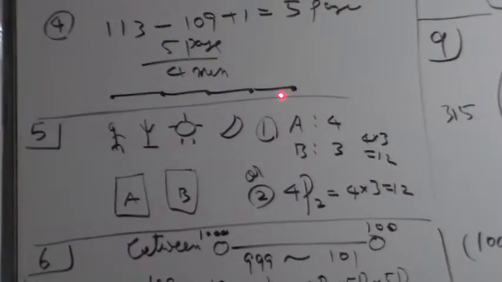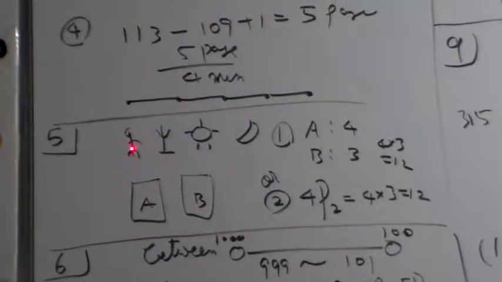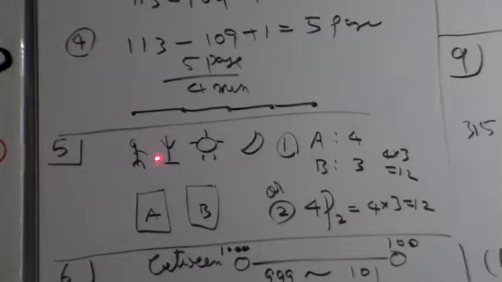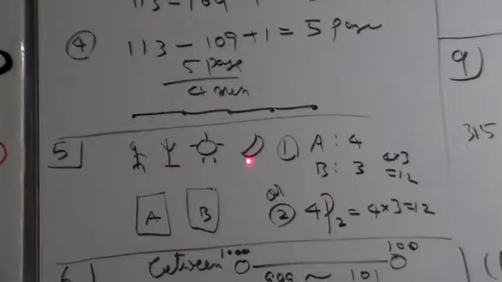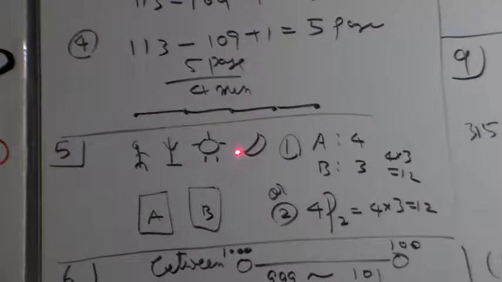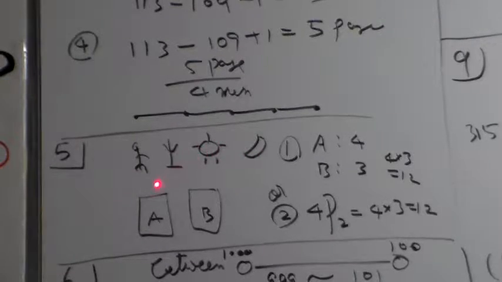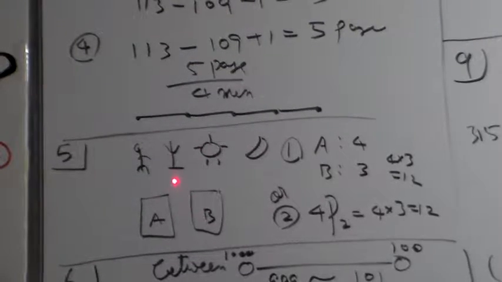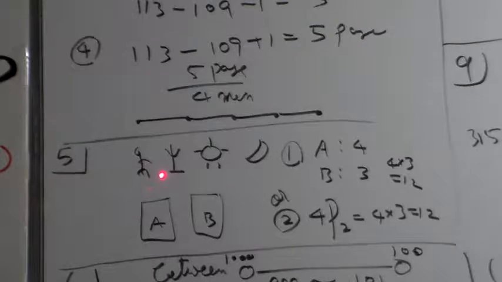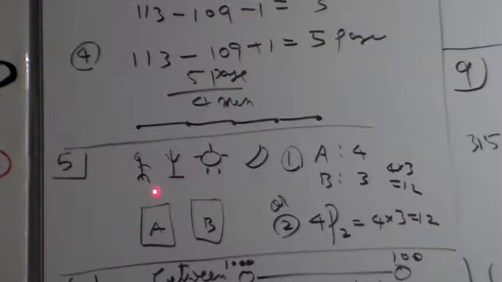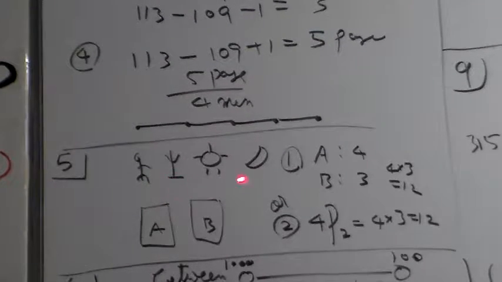Next one is a permutation problem. She has 4 pictures, right? But she has 2 frames. How can you put them in a frame? We can do it a very easy way.